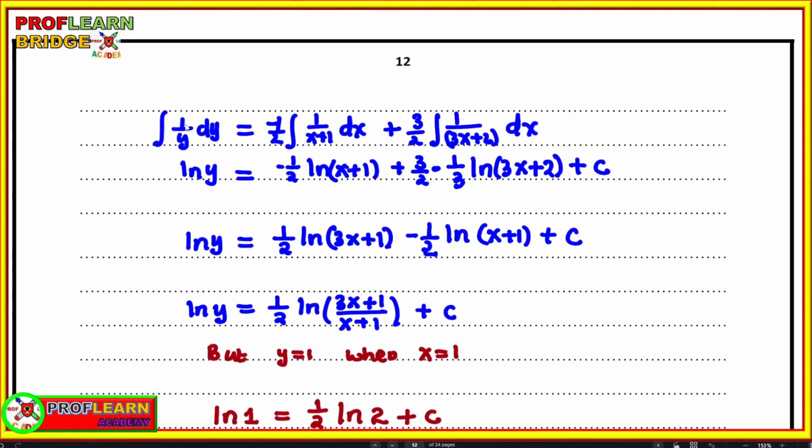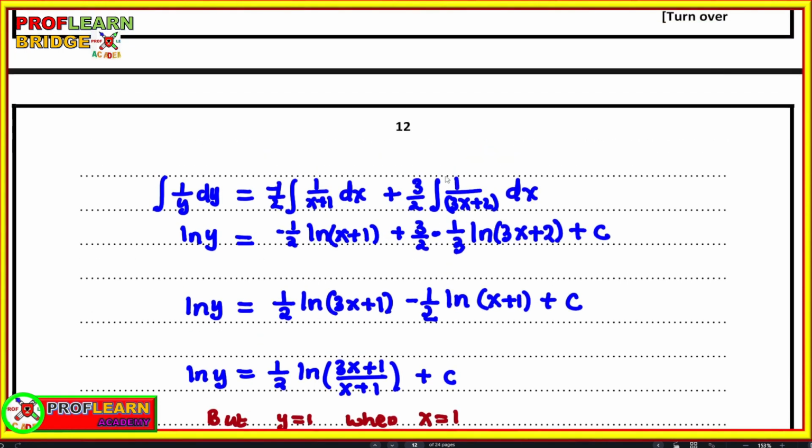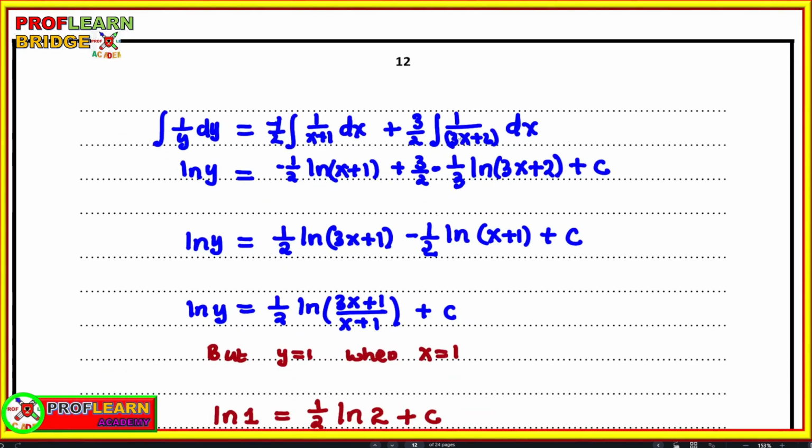Remember, if you are integrating 1 over y, it becomes ln of y. If you are integrating 1 over x plus 1, it becomes actually -1/2 ln of x plus 1. Integrating this term, remember there is a coefficient of x at this point, so we are going to differentiate this, and that becomes 3, and divide it into the integral that we are going to get.